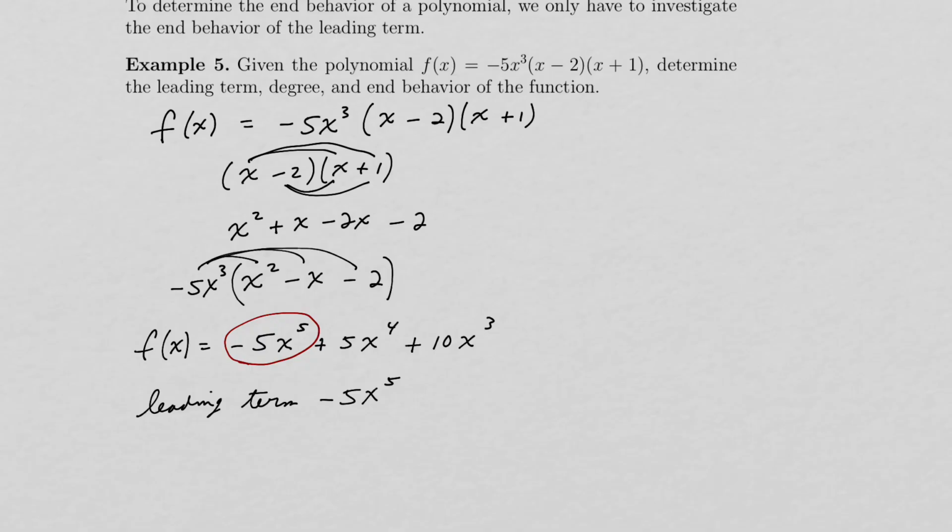Well, the leading coefficient is the negative 5. What's the degree of the polynomial? The degree of the polynomial is the exponent of the leading term, basically the degree of the leading term. So this is going to be a 5th degree polynomial.